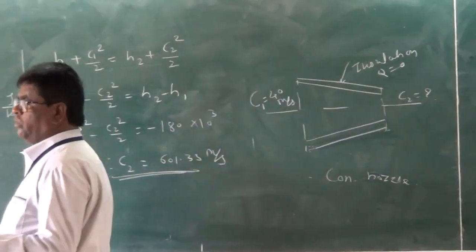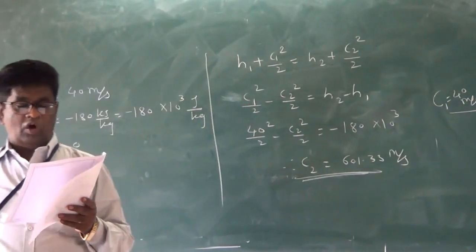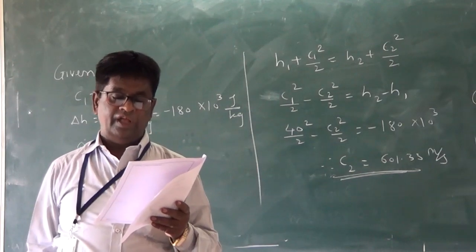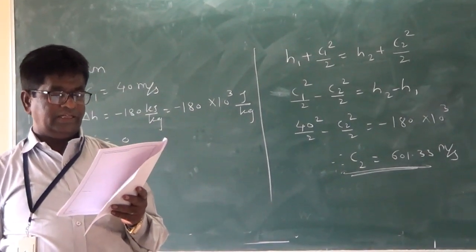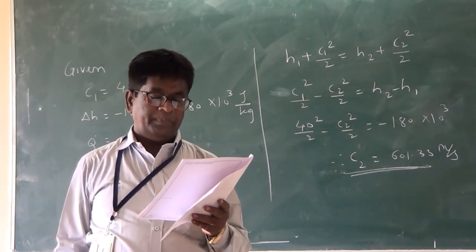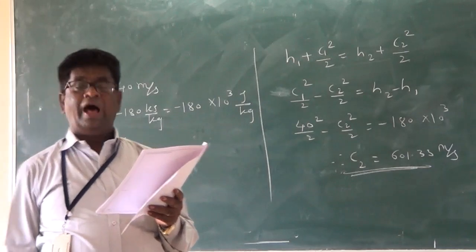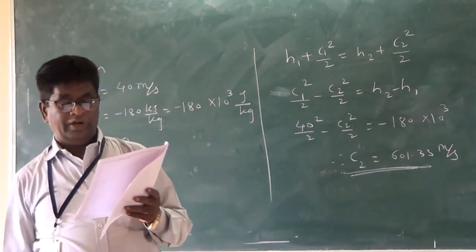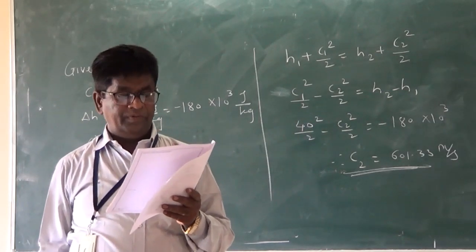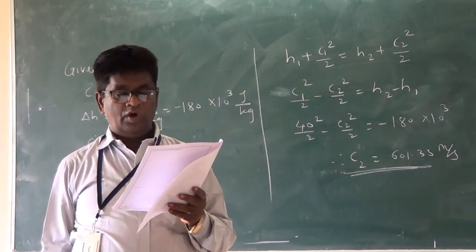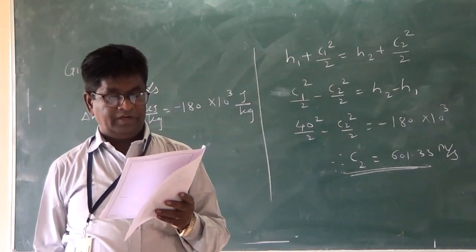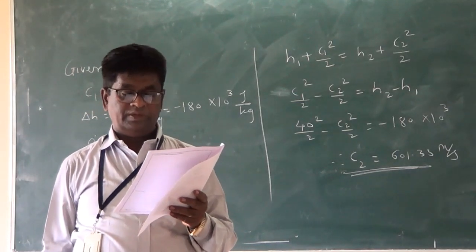An example for homework. The gas turbine of a turbojet engine receives a steady flow of gases at a pressure of 7.2 bar, a temperature of 850 degrees centigrade and a velocity of 160 meters per second.